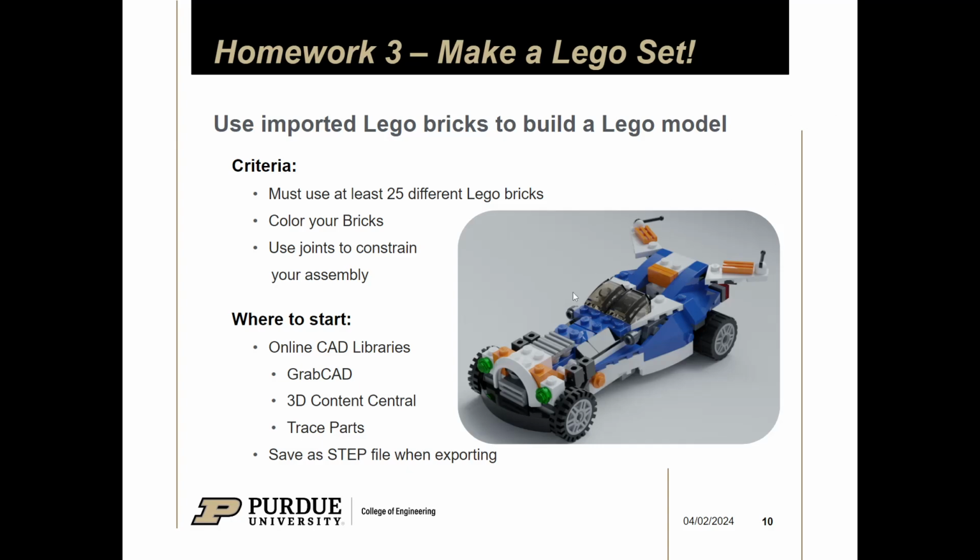So in our case, we're going to be using it to find different Lego bricks, but you can do so much more with this. I gave you a couple websites that have CAD libraries or CAD repositories. GrabCAD is a great one. All these websites are really nice.